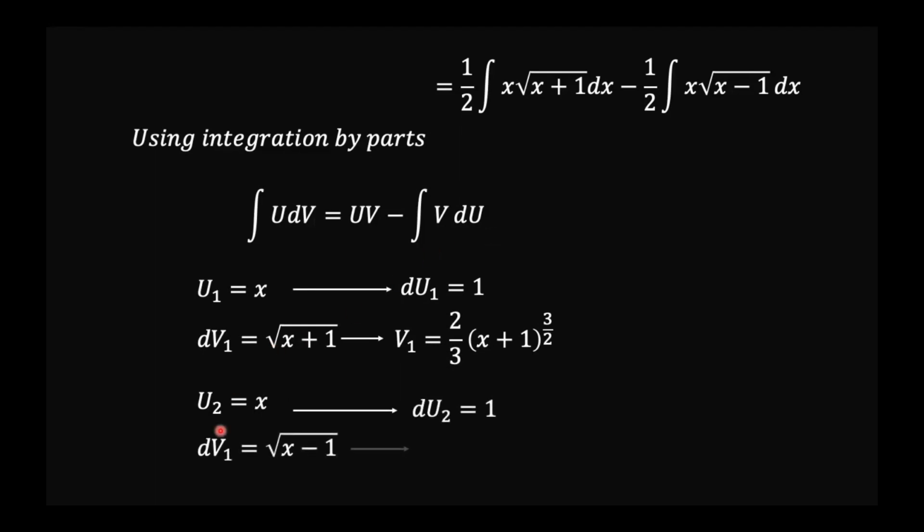And if dv2 is the square root of x minus 1, then v2 is 2 over 3 times (x minus 1) to the power 3 over 2.